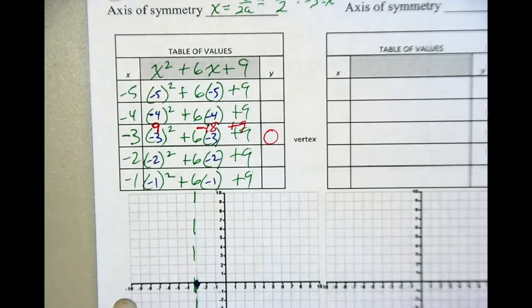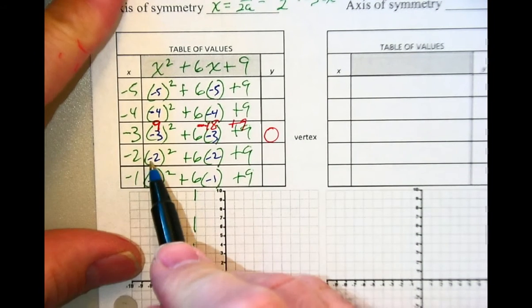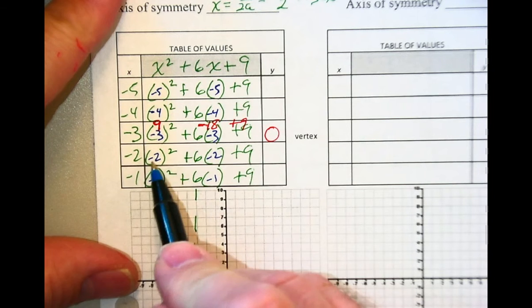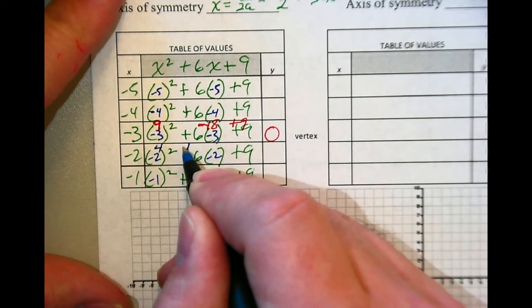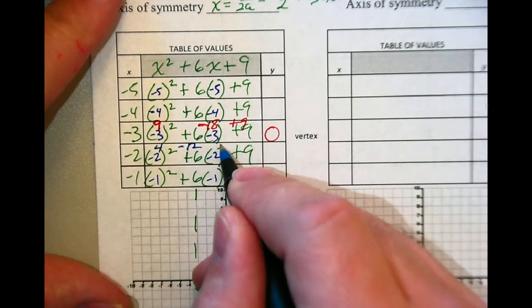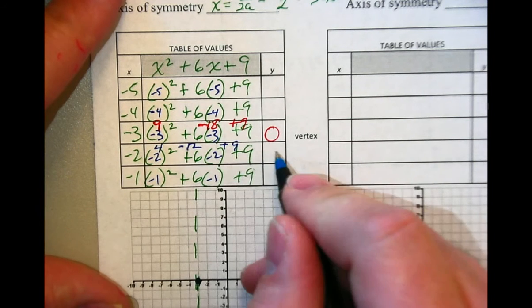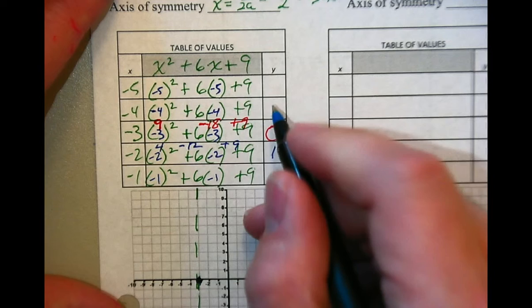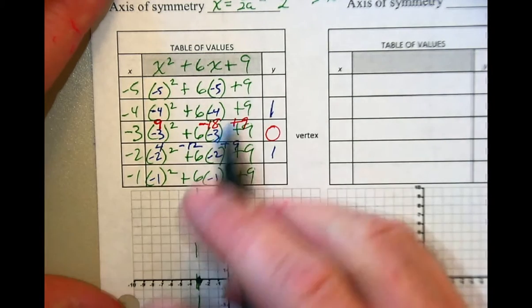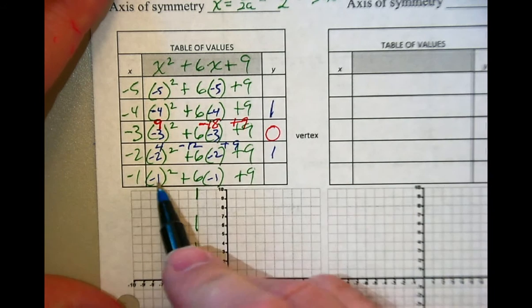Top 2 or the bottom 2? Do we need to do the other? Maybe just as a check. If you calculate this one, you end up with 4 minus 12 plus 9. And what is that? 1. Okay, so that should be the same as this, right? You can always check it. It's always a good thing to check.